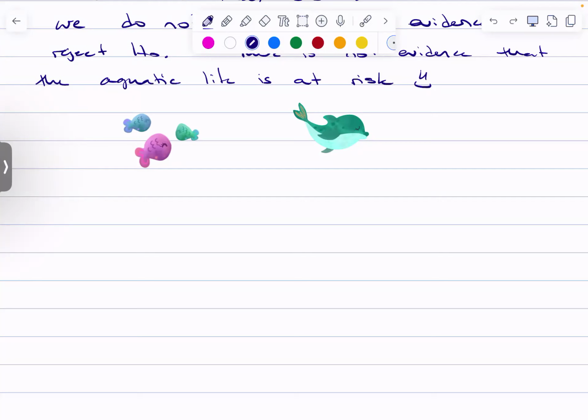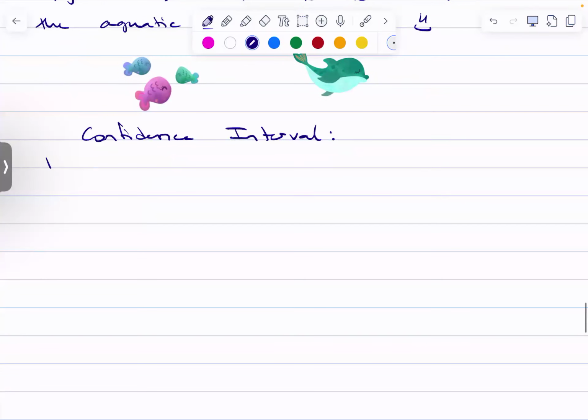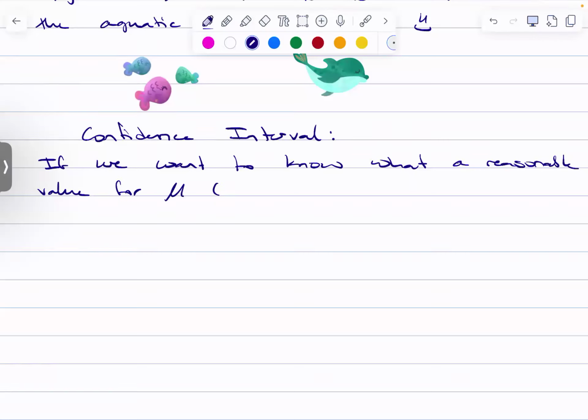If we want to know what a reasonable value for mu, which is the population mean dissolved oxygen level in this case, is, we can make a confidence interval.